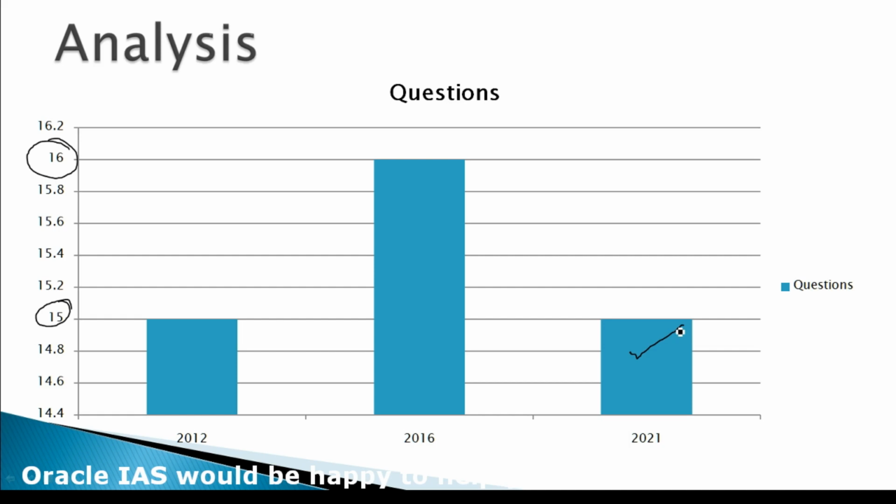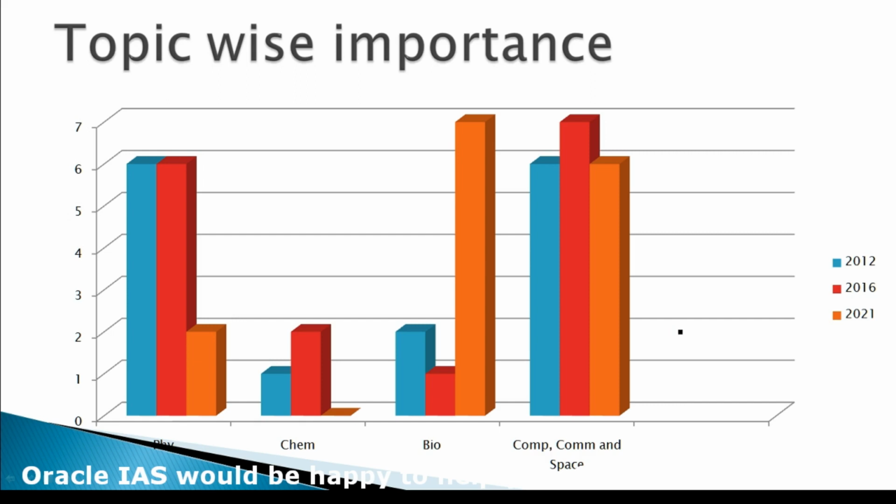So it is not as important as, let us say, polity or history or geography and environment, but it is a pretty important section in your exam. You should not ignore this section, especially because, as we shall see, questions are relatively easy, syllabus is relatively very little, and you can easily do that.